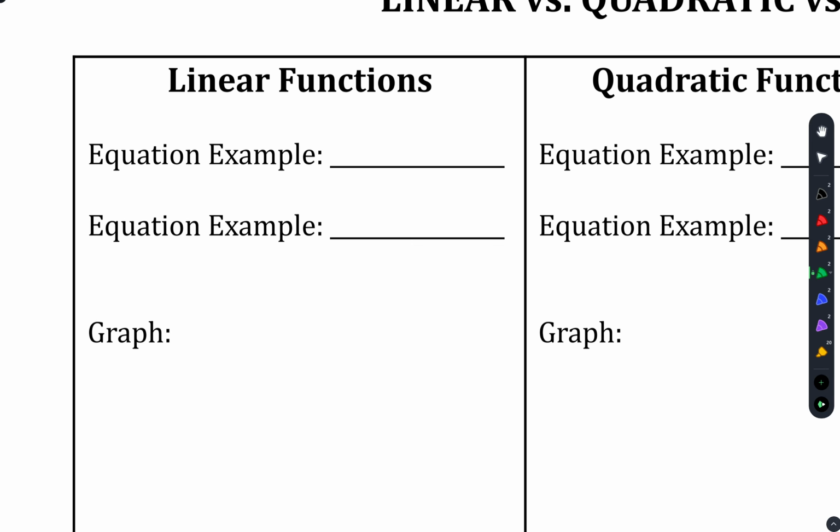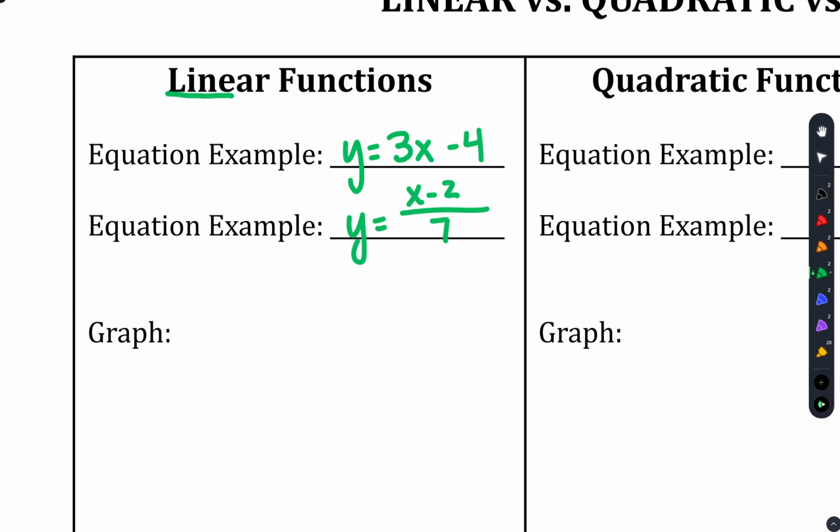Linear function contains the word line. An equation example for a linear function is something like y equals 3x minus 4, or something like y equals (x minus 2) divided by 7. Those are examples of linear functions.